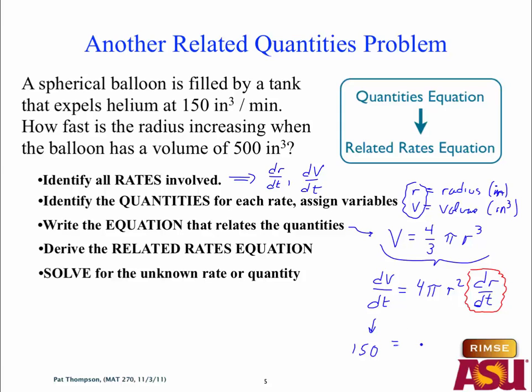Okay. Are we able to figure it out? From how? Yeah, so the volume is 500, so we can come to our equation and get the corresponding r when the volume is 500. Take that r and put it into our related rates equation. Anybody have that? 923.